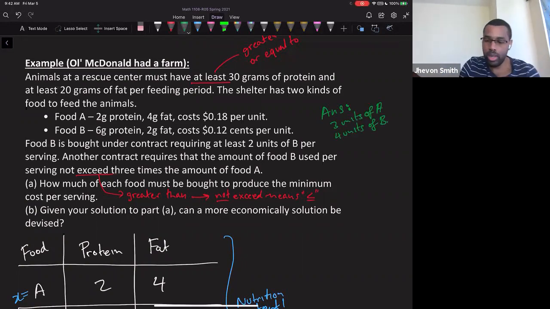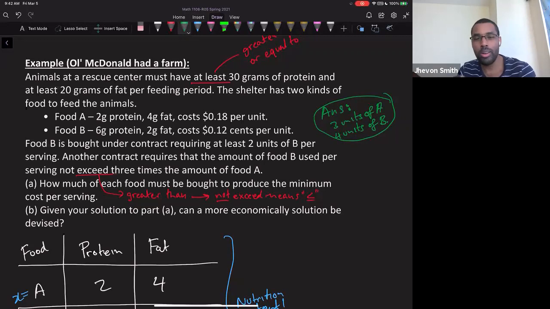Okay. Now in the problem, what was the problem about? Well, the animals need at least 30 grams of protein and 20 grams of fat. We have 2 different brands of food. Food A, for every unit, you get 2 grams of protein, 4 grams of fat. For B, you get 6 grams of protein, 2 grams of fat.